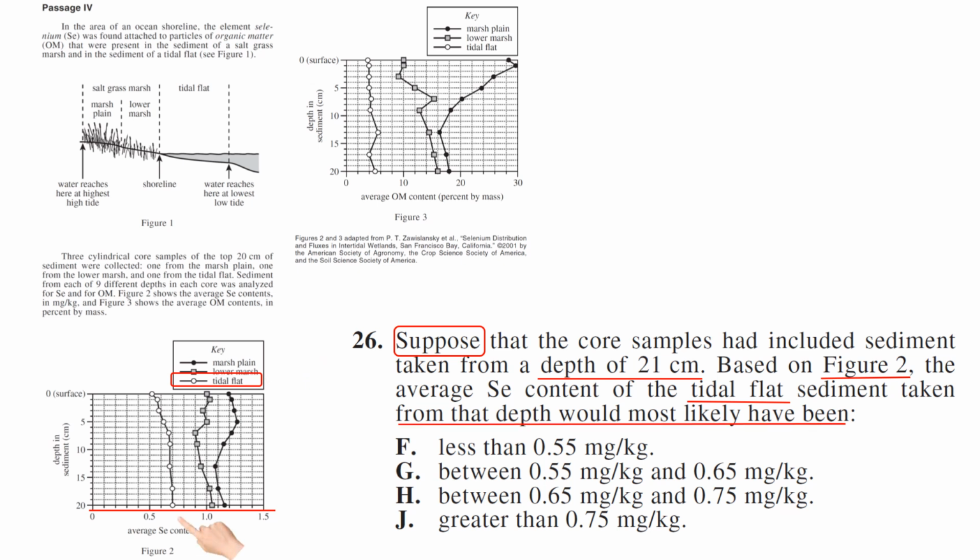So if it continues along that path, we have 0.5, then 0.6, 0.7. So it's going to be at least between 0.6 and 0.7. It's not going to change dramatically because we don't see any of the points changing dramatically. So between 0.65 and 0.75, either goes down slightly or up slightly. Either way, the answer is H.